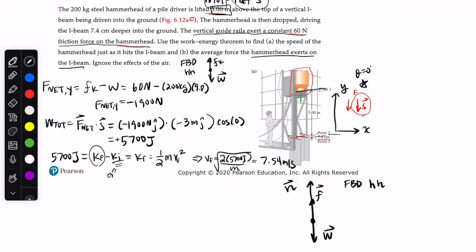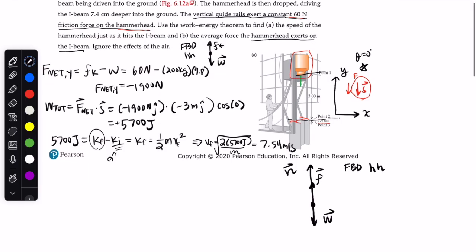So these are all the forces acting on the hammerhead while it's in contact with the I-beam. The work energy theorem tells us that the total work done will equal the sum of all the forces acting on that object and that move that object along a displacement. When the hammerhead is in contact with the I-beam, it's moving a very small amount, but it is moving, right?